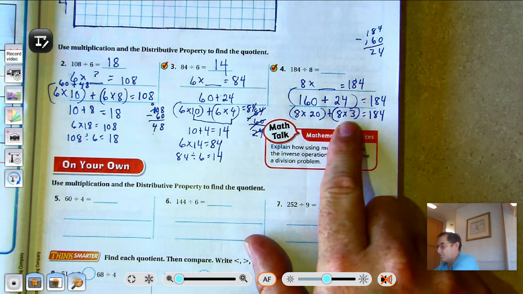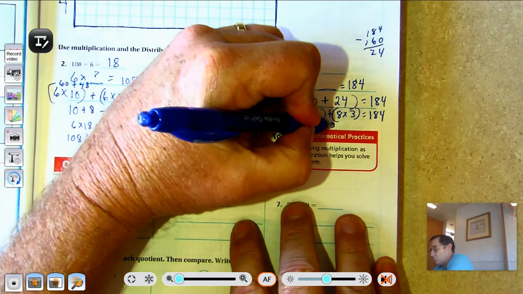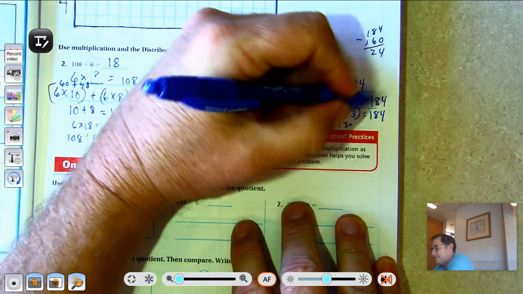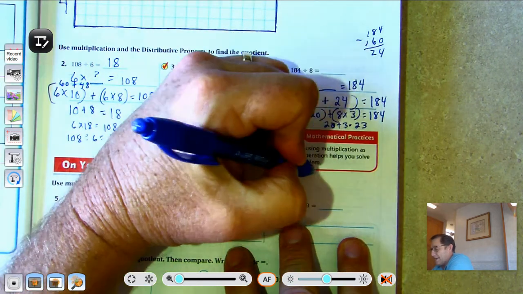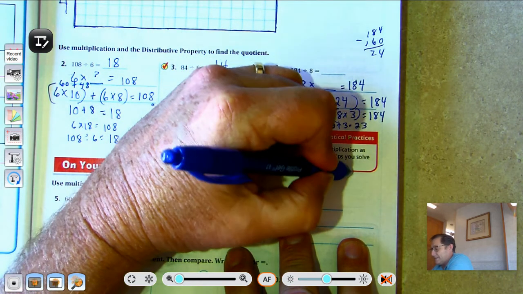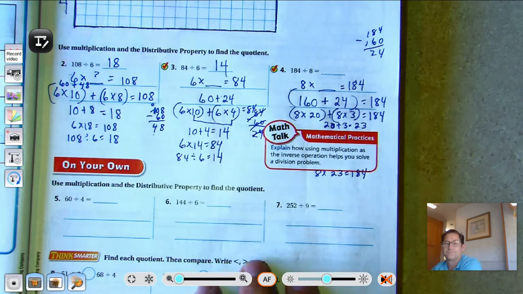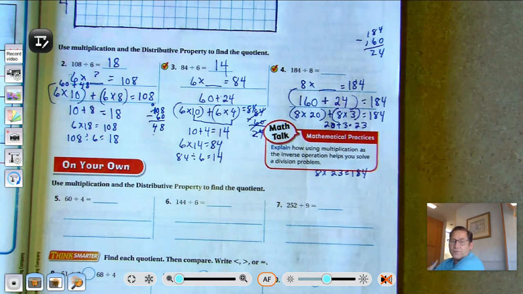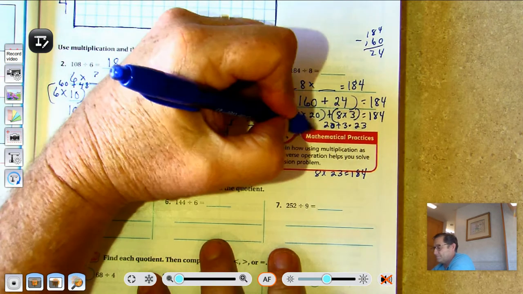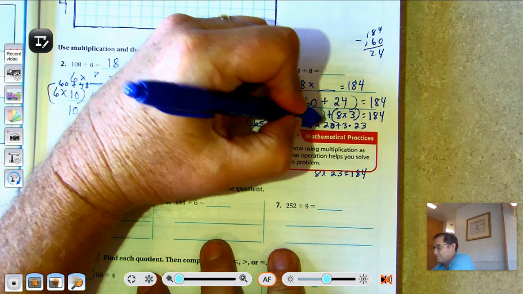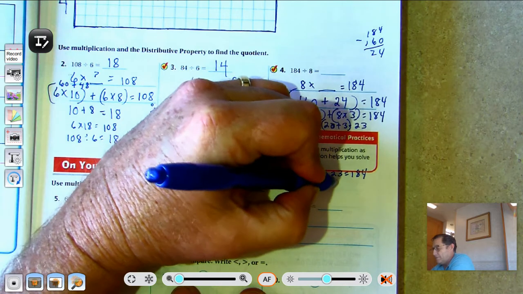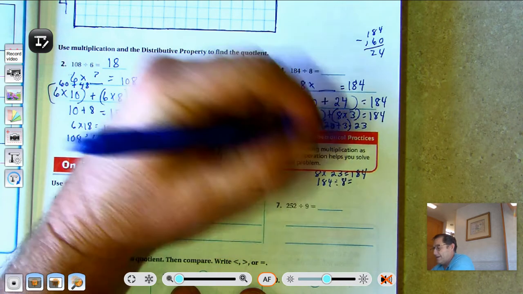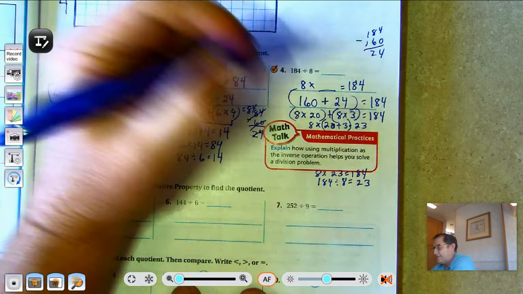So 20 plus 3 equals 23. So 8 times 23 equals 184. If 8 times 23 equals 184, then 184 divided by 8 equals 23.